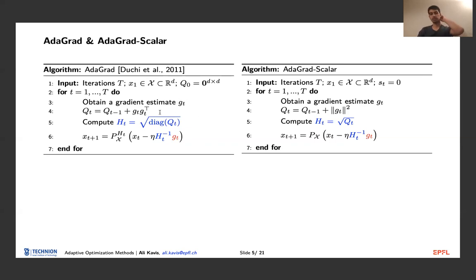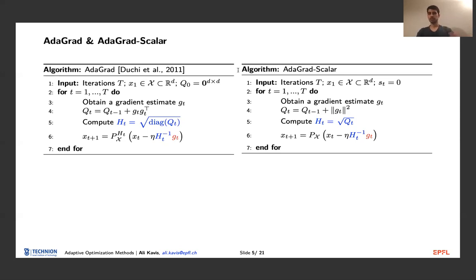But what it does is it accumulates the outer products, it sums them up, and then it takes a diagonal, as I mentioned previously, and it takes a square root and then computes the inverse of this matrix, which is easy, which is basically inverting every element in the diagonal. And then we have a per coordinate step size. If you multiply the inverse of this HT with GT, it means we have a per coordinate step size.